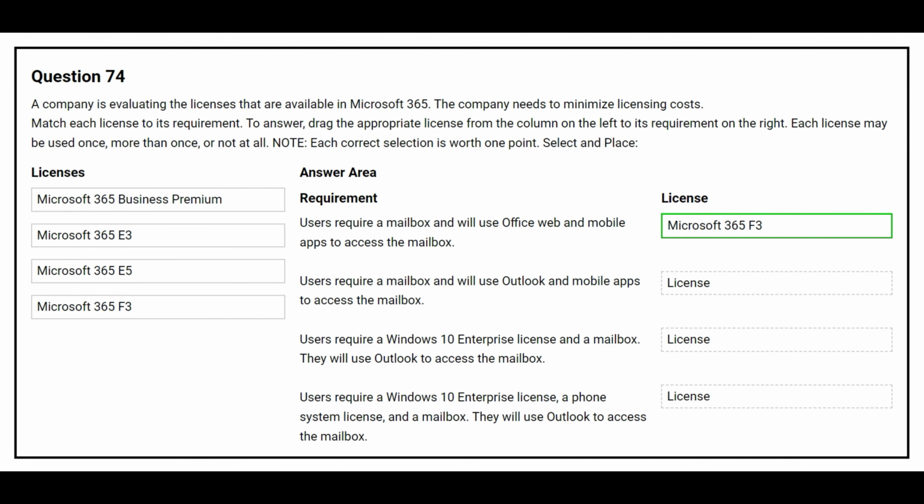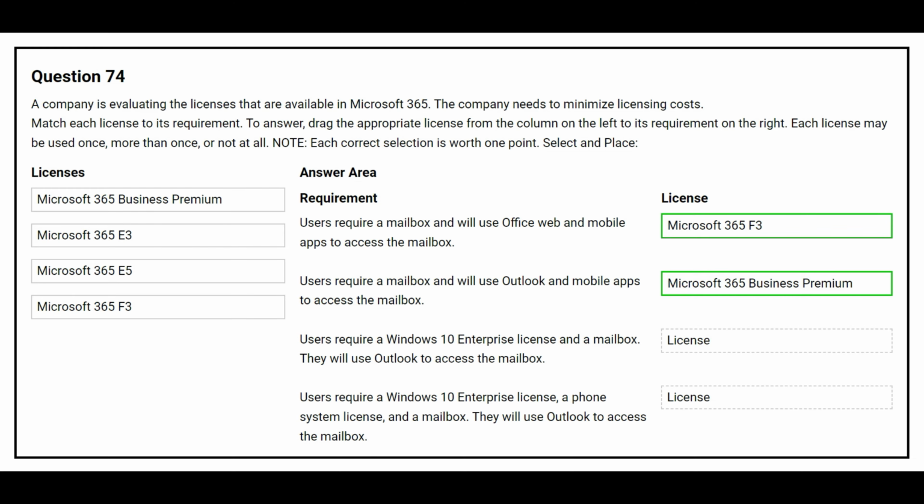The second requirement is users require a mailbox and will use Outlook and mobile apps to access the mailbox. The correct license is Microsoft 365 Business Premium. The third requirement is users require a Windows 10 Enterprise license and a mailbox. They will use Outlook to access the mailbox.